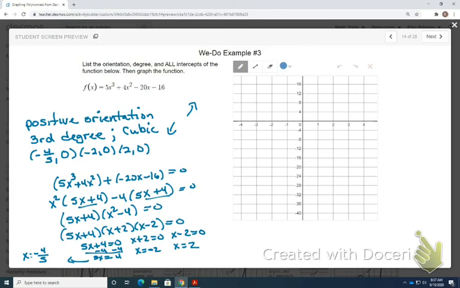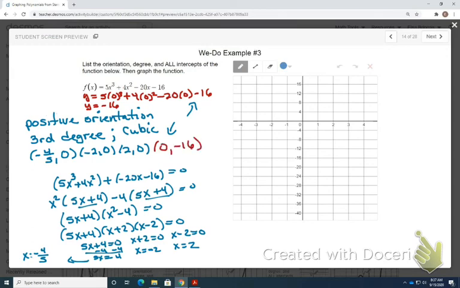And then I need to find my y-intercept. And I do that by setting x equal to 0 and solving for y back into the original equation. So I'm going to get y equals -16 when x is 0.